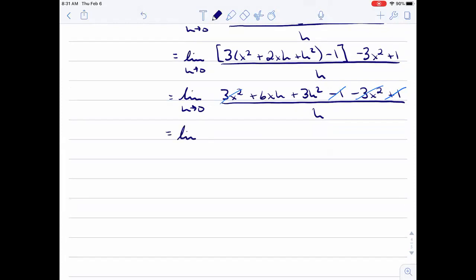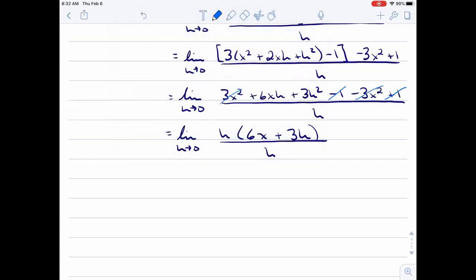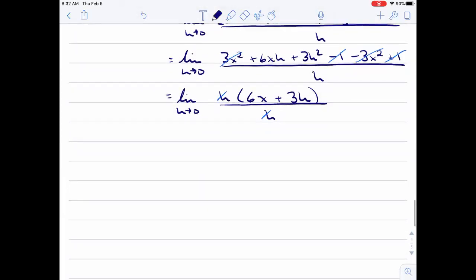So this is the limit as h goes to 0 of, and I'll pull out that common h, 6x plus 3h. This is going to cancel with this. So now I'm left with the limit as h goes to 0 of 6x plus 3h. If that h goes to 0, I'm left with 6x.